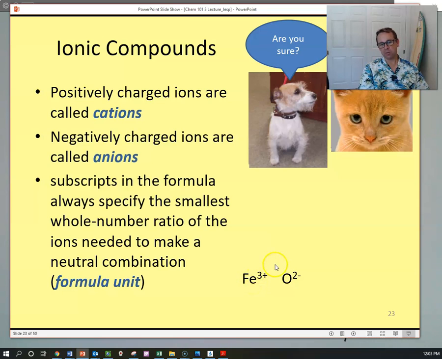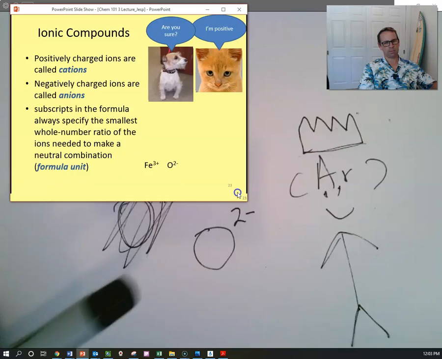One element is giving electrons to the other. But the problem here is that oxygen only gains how many electrons? 2. So if iron gave up 3 and oxygen gained 2, that third electron, where does it go? Well, it has to go to an additional oxygen atom.